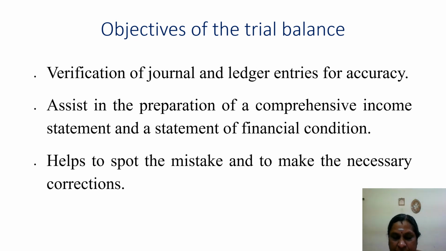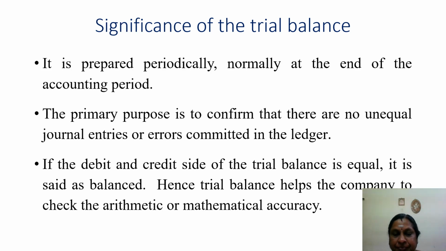Any mistake is spotted by the trial balance, because if there is a mistake in the journal entry and the ledger, the balance will not match. Both debit and credit will not match. So it is a way of checking the arithmetical or mathematical accuracy. And so we go back, check the journal entries and the ledger, and correct the mistakes.